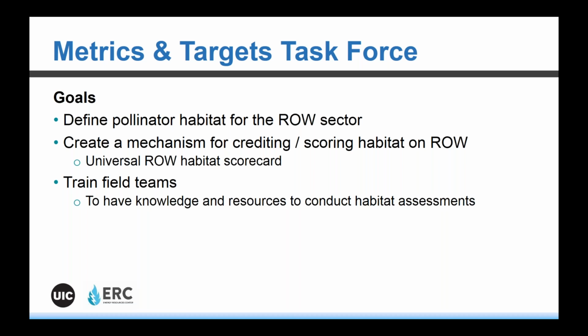We wanted to have some sort of standard mechanism for scoring that habitat, particularly with rights-of-way in mind. So this idea of having a universal right-of-way habitat scorecard emerged. And it was also important, as part of this action plan, to have some system of training field teams to recognize what they're looking at when they're out conducting habitat assessments.